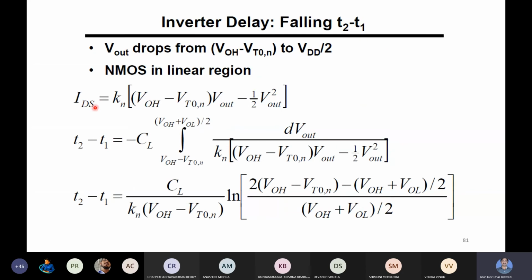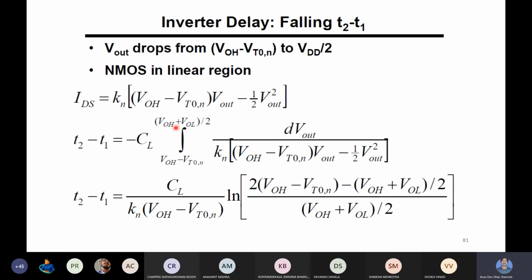IDS is equal to Kn [(VOH minus VT0n) Vout minus half Vout squared]. Then, integrating using the same integral equation, dt integrating from T1 to T2, so T2 minus T1 is the delay, and this is minus CL, and the limit of the voltage is VOH minus VT0n up to VOH minus VOL by 2, or we can say VDD by 2. VOL here is 0, so VOH by 2 we can say.